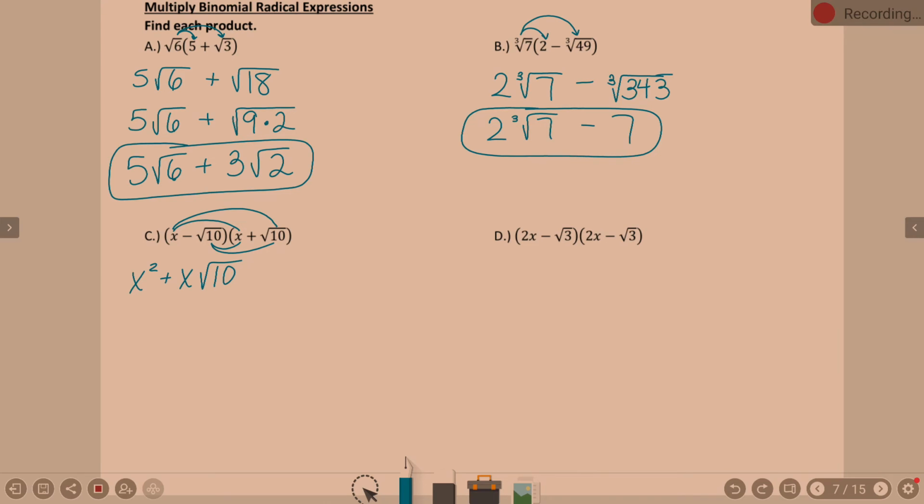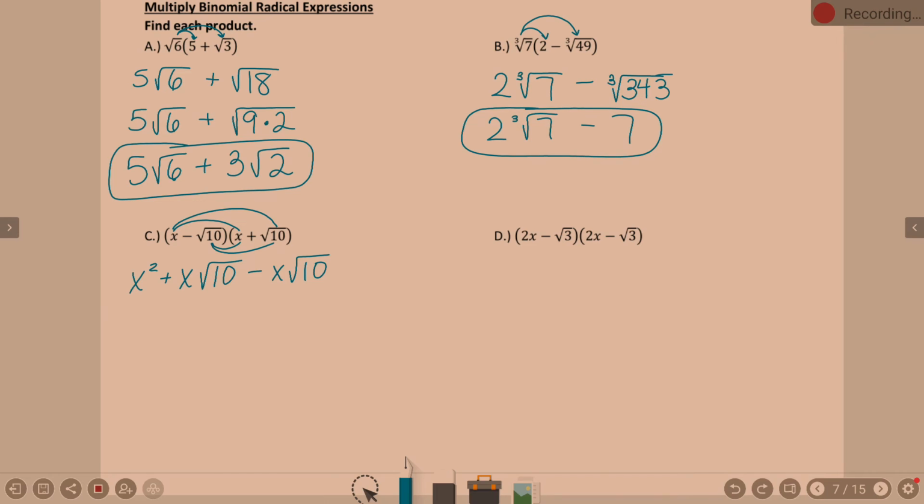You occasionally might see the x at the end, like square root of 10 times x, but usually I feel like you see it out front. Then we're going to distribute the negative square root of 10. So what's negative square root of 10 times x? Negative x square root of 10.